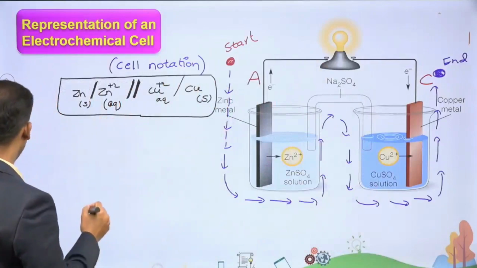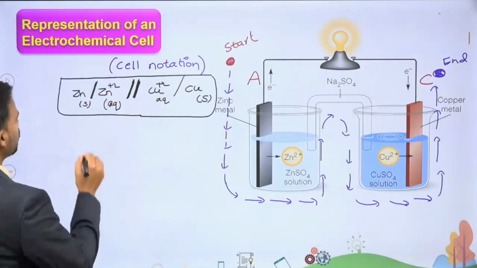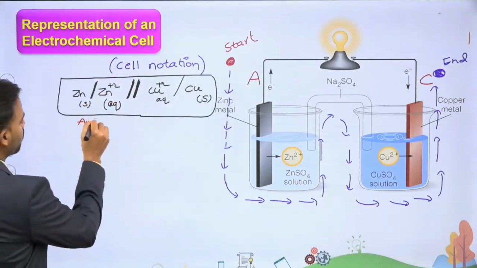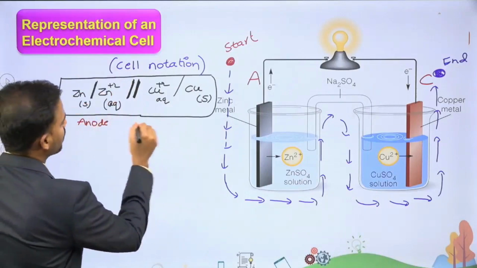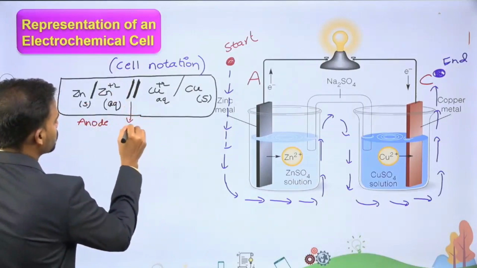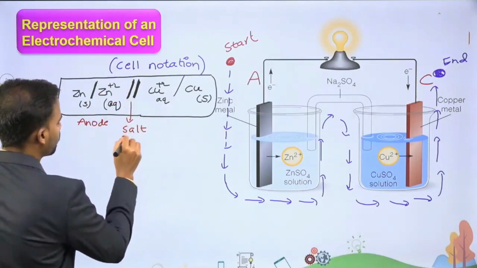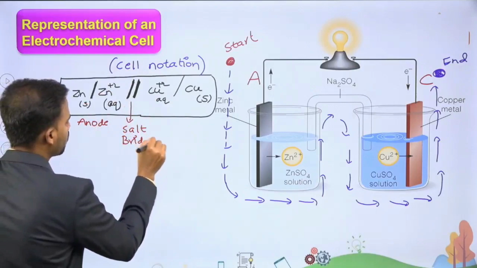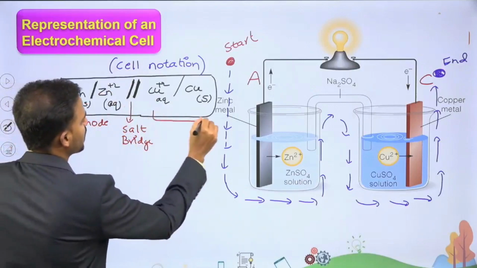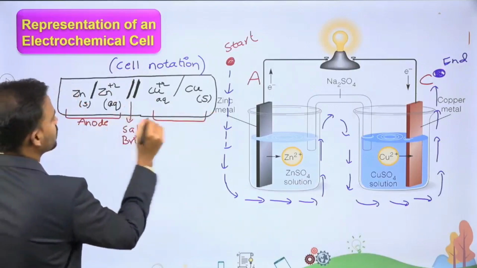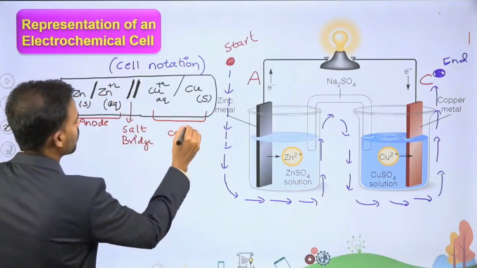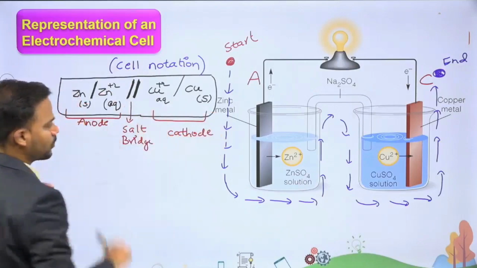The important things to mark are: this is the anode part, this is the salt bridge, and this is the cathode part.